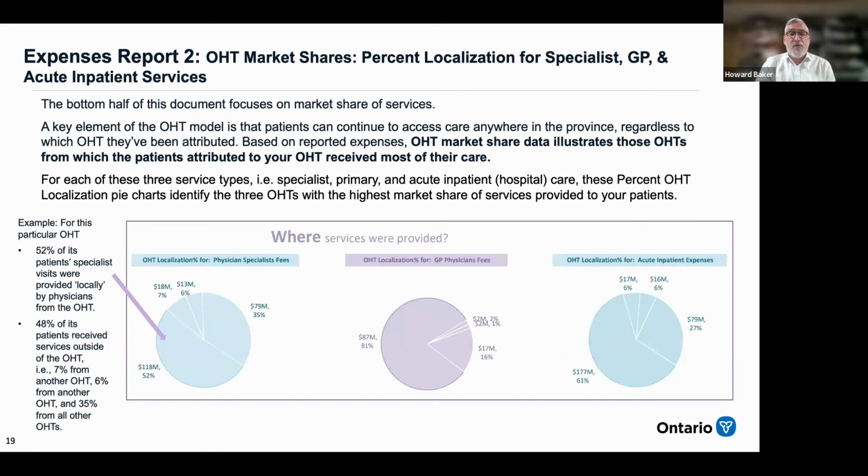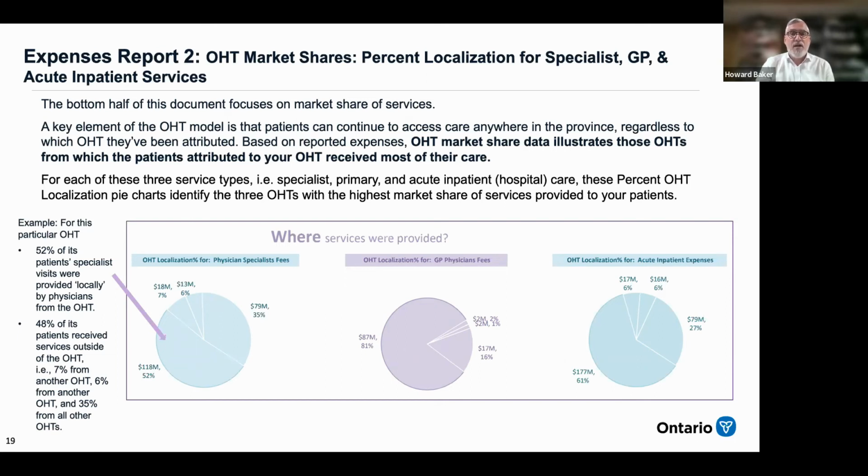So as an example, looking at the leftmost pie chart, we see that for this OHT, 52% of its attributed patients receive specialized physician care from providers assigned to its network. 7% were received from a different OHT, 6% from another, and 35% from all other OHTs.